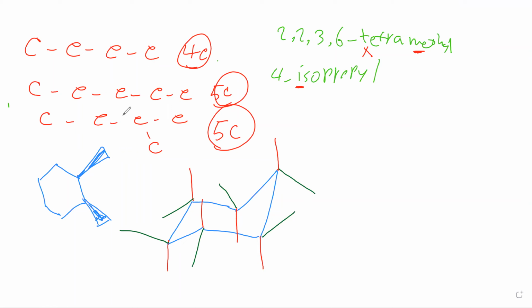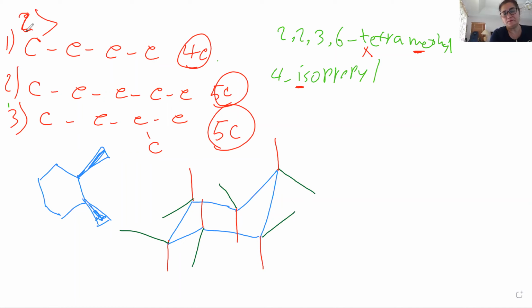Wouldn't it be the 5 carbons because it's a straight chain? Which 5 carbon? We have 2 5-carbon compounds. The one that's a straight chain is 1, 2, and 3. Which one would have the highest? Number 2. Number 2 would have the highest boiling point. Then between 1 and 3, which one? 1 and then 3. Any other comments?